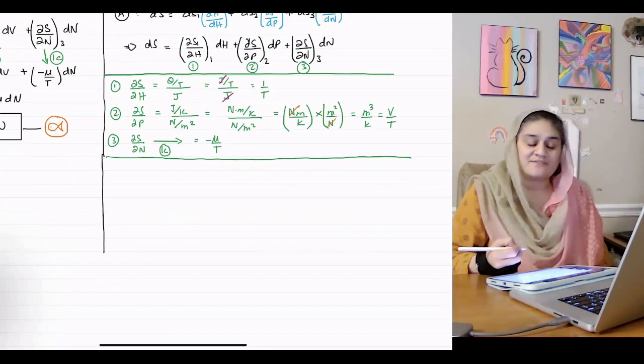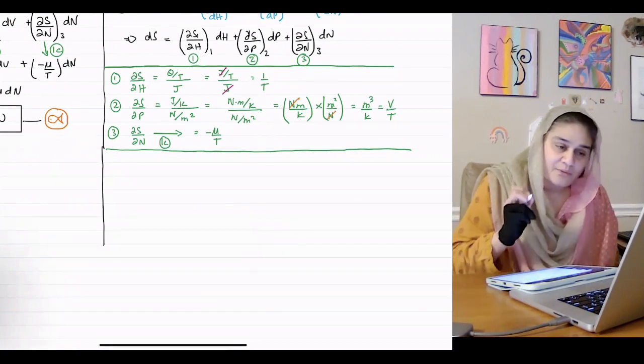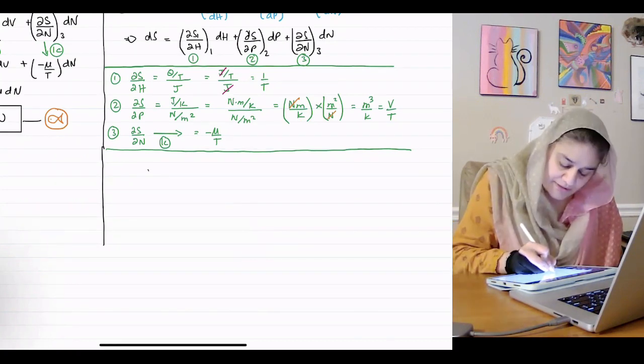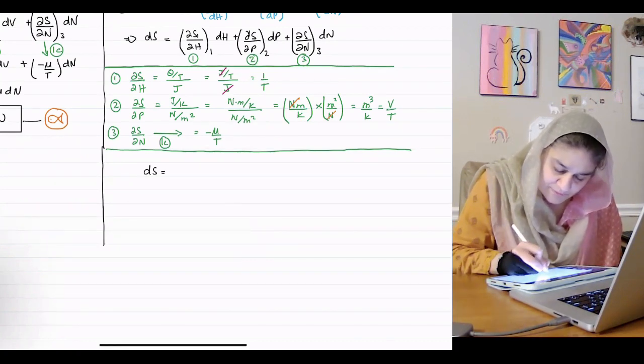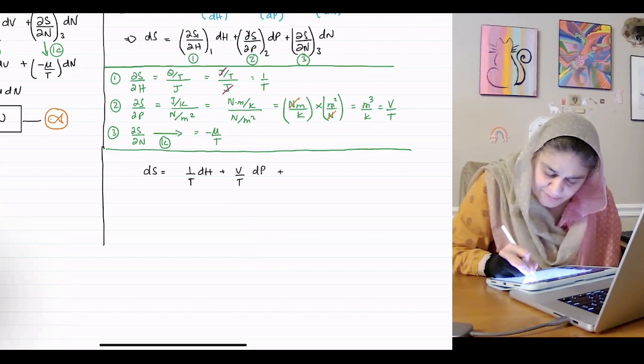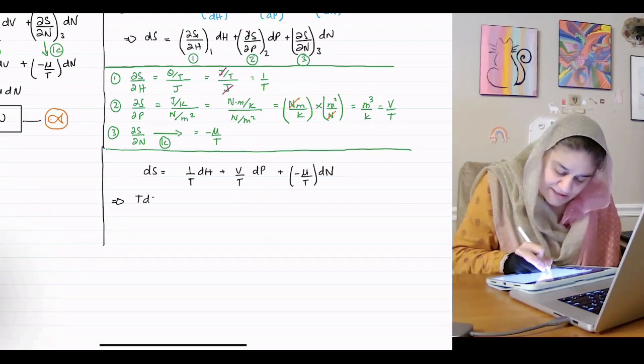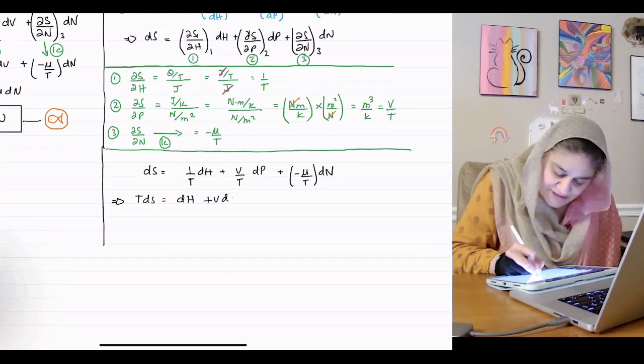Plugging all of these values into the expression above, what do I get? dS equals 1 over T dH plus V over T dP plus minus mu over T dN. T dS equals dH plus V dP minus mu dN.